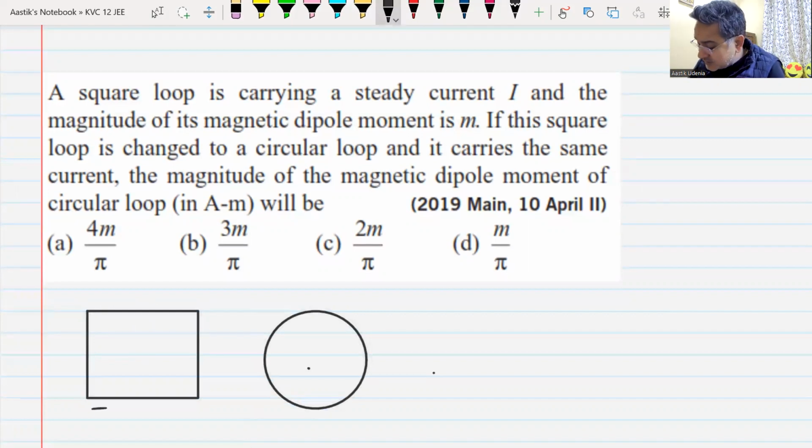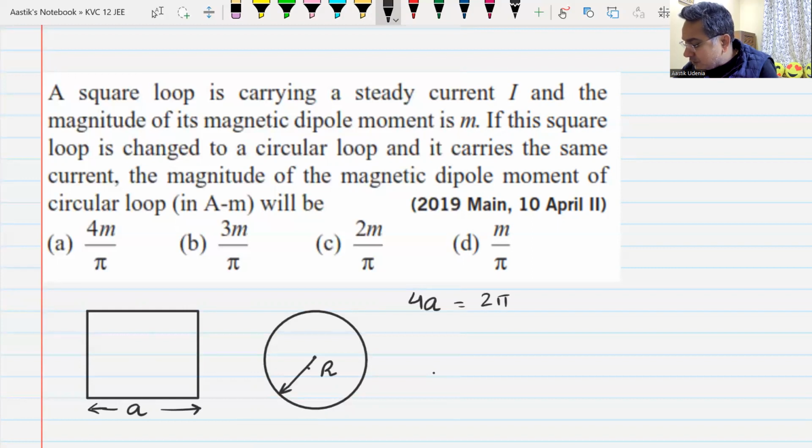If I call the edge length of the square as A, and the radius of the circle as R, 4A, which is the perimeter, will be equal to 2 pi R. Yes or no? So from there I can find the radius of this circle.